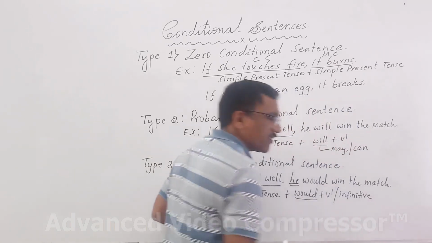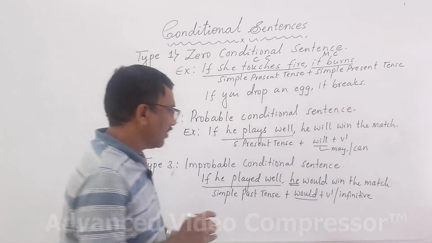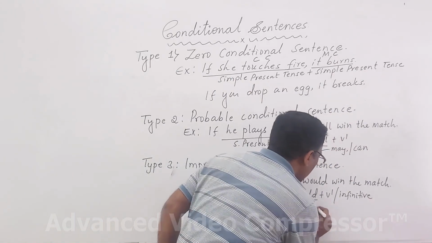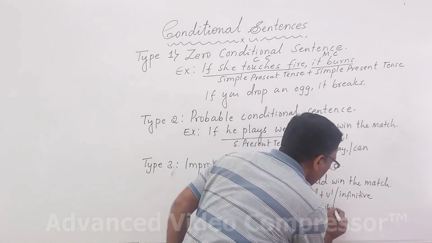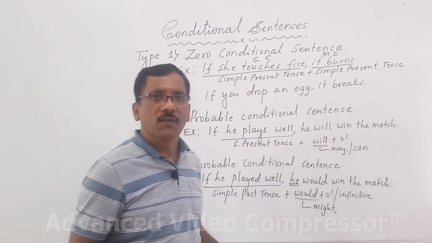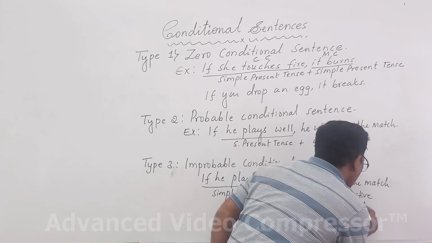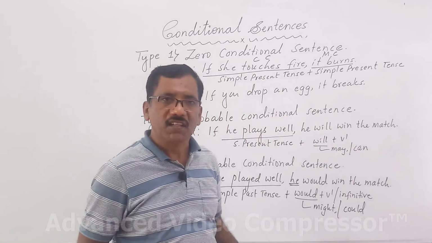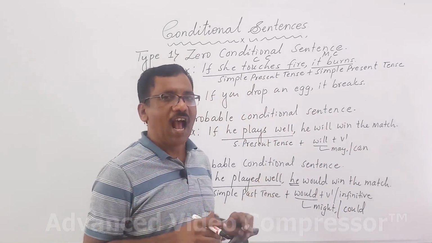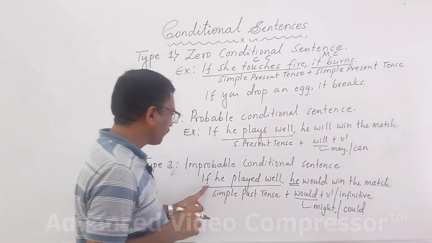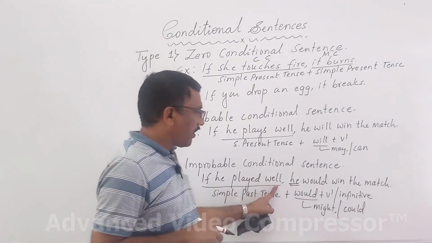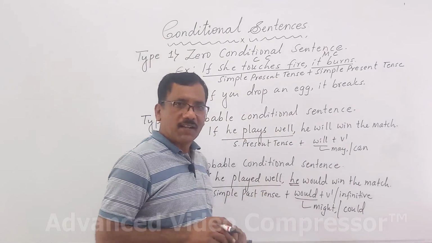Would indicates certainty. Sometimes instead of would, you may use might if you want to show possibility, and you can use could to indicate ability. Got it? If he played well, he would win the match.